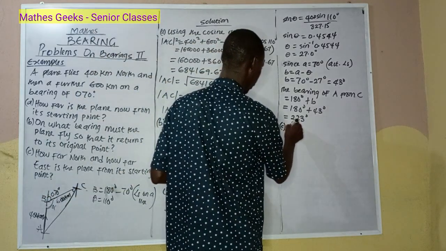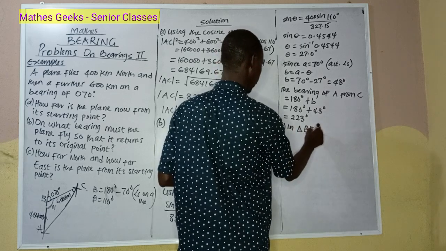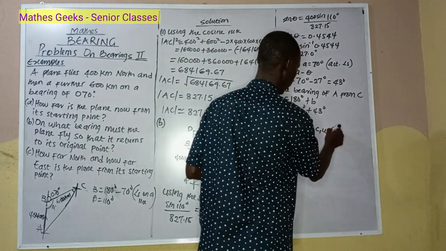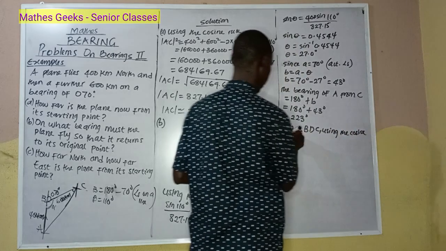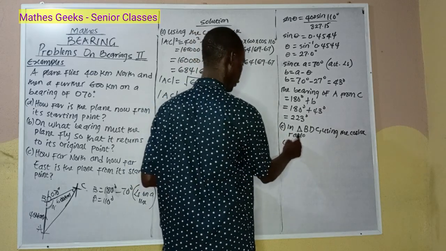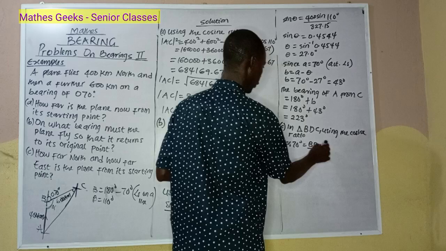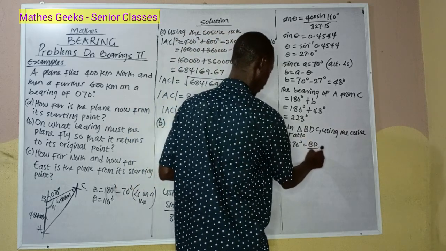So in triangle BDC, using the cosine ratio, cos 70 degrees is equal to adjacent BD over hypotenuse 600.